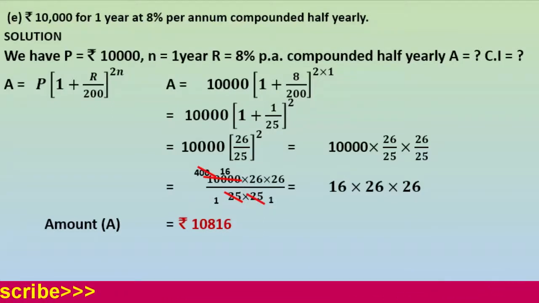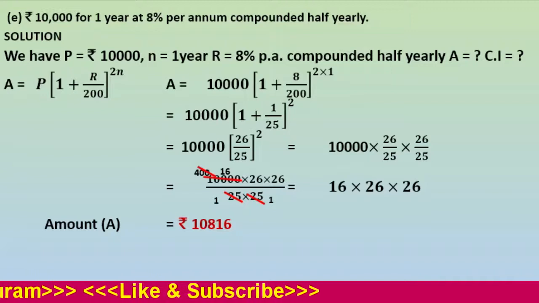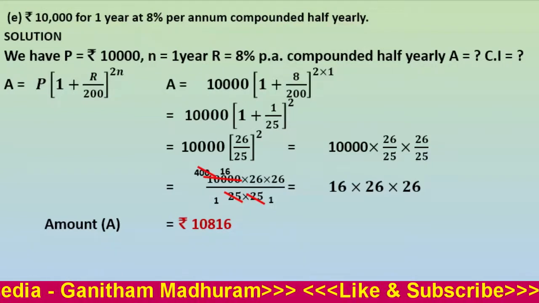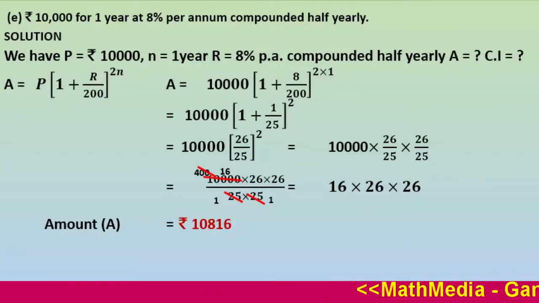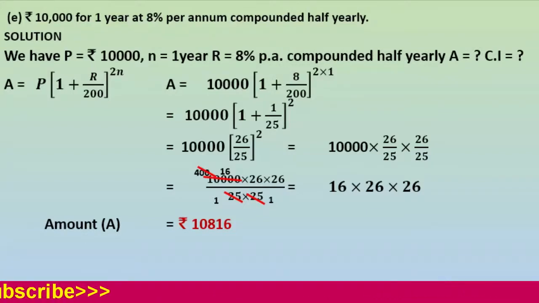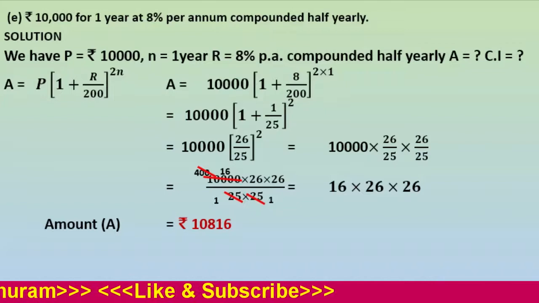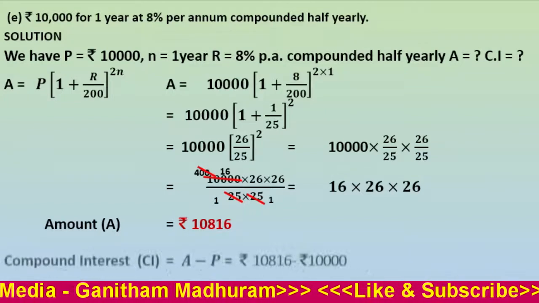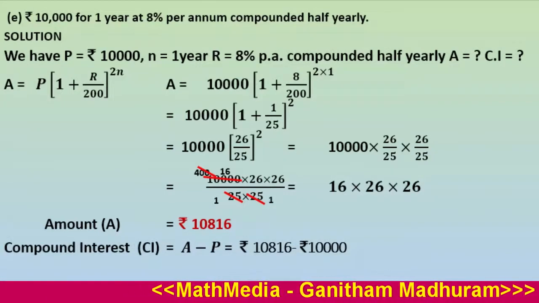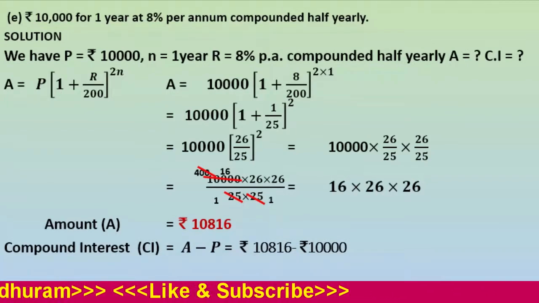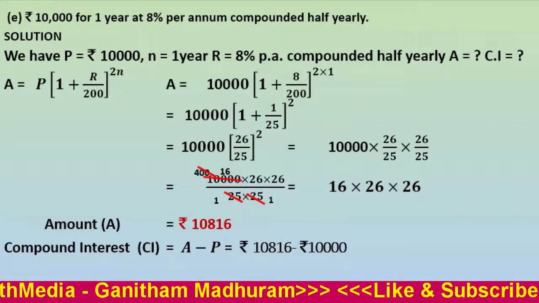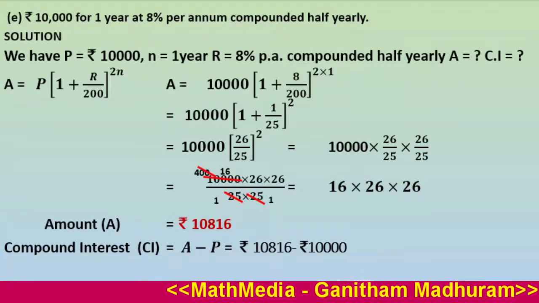Now what we have to find out? Yes, we have to find the compound interest. How to find compound interest? Yes, by subtracting the principal from the amount. So the formula is A minus P. Compound interest is A minus P equal to, substitute the value, rupees 10,816 minus rupees 10,000.